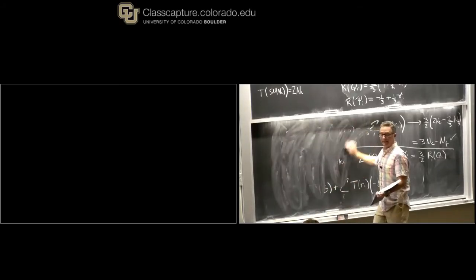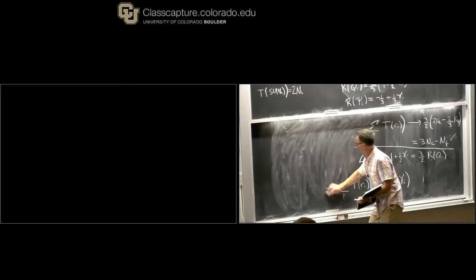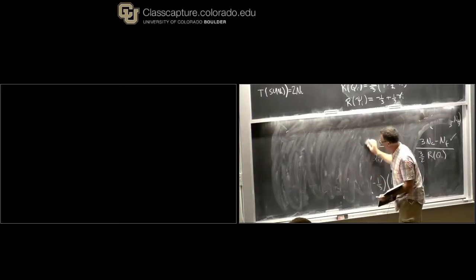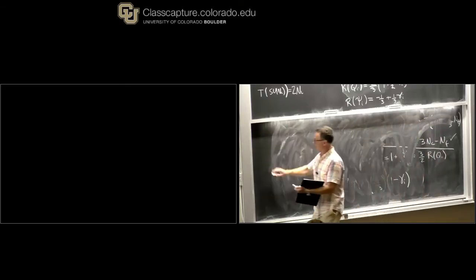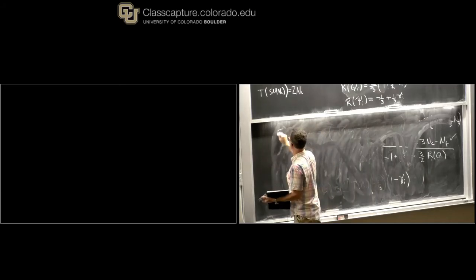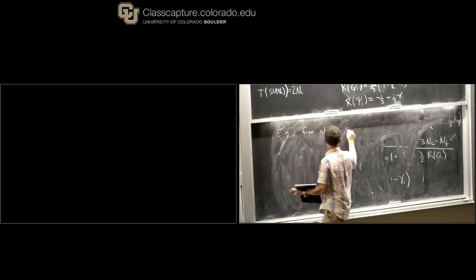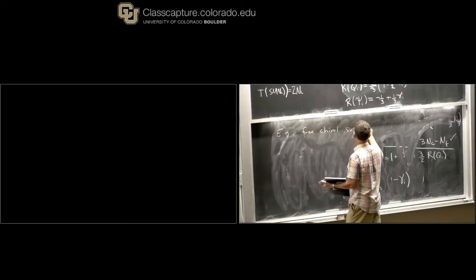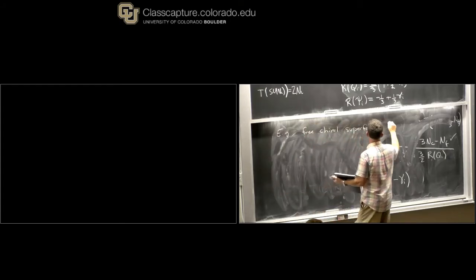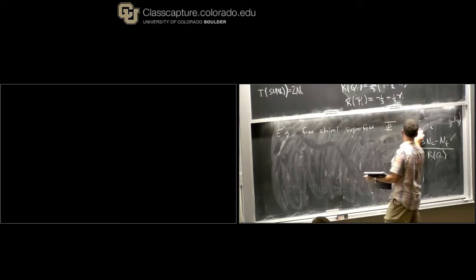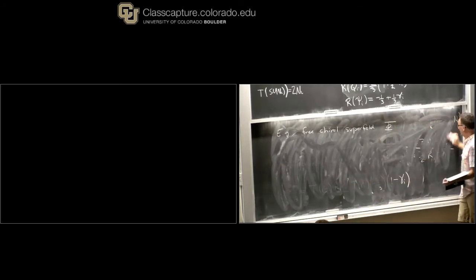So if we look at an example of a free chiral superfield, let's say that we have some superfield phi, then there's a U1 symmetry that rotates the chiral superfield phi.